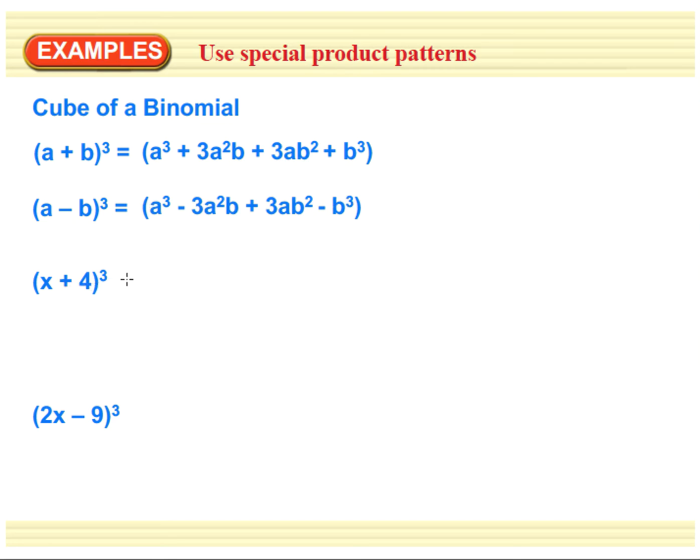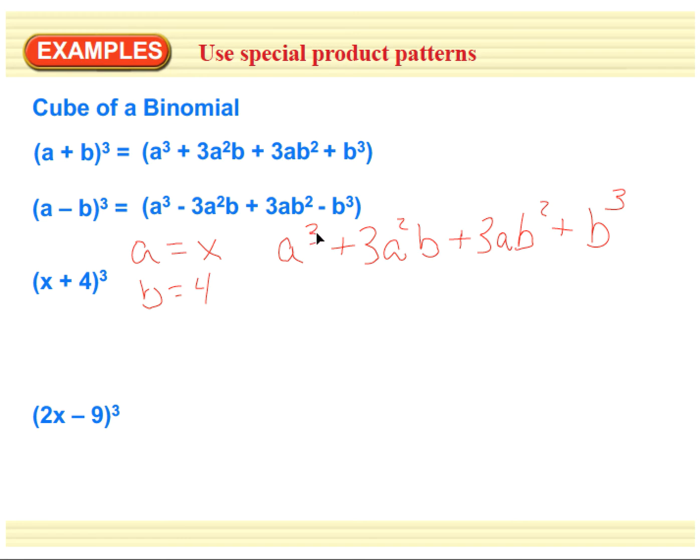So x plus 4 cubed. A is equal to x, b is equal to 4. And we are going to plug it right into here. A cubed plus 3a squared b plus 3ab squared plus b cubed.